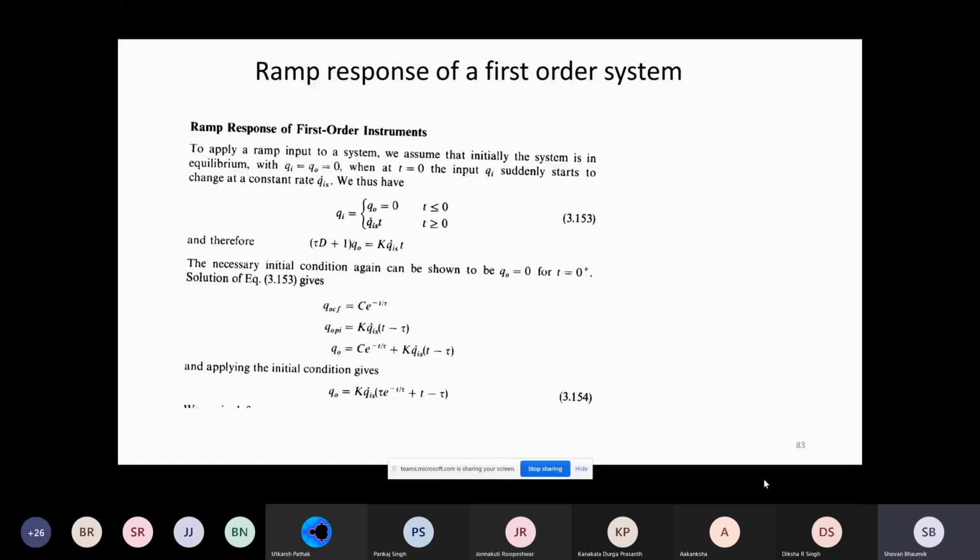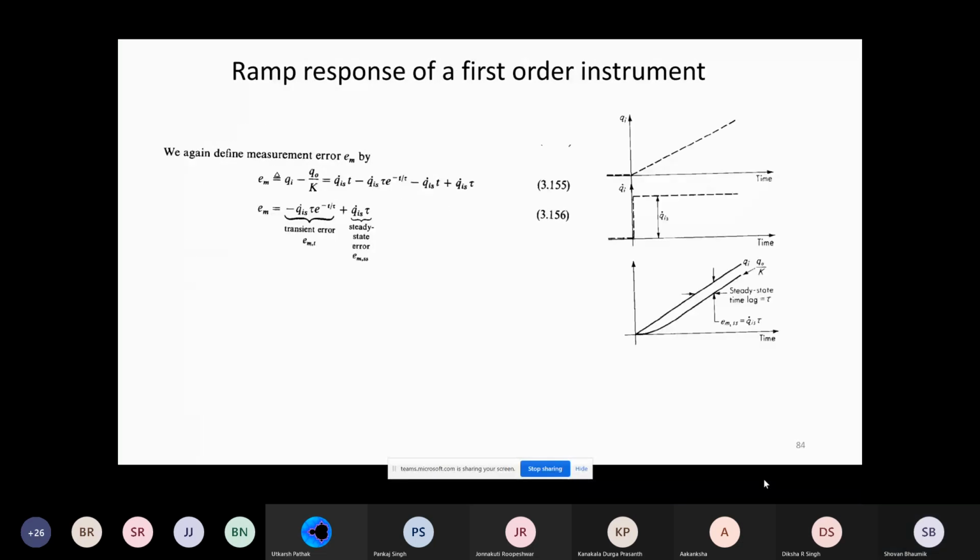So C becomes K Qis dot tau, and putting that value in place of C, you get Qo equals K Qis dot [tau e to the power minus t by tau plus t minus tau]. So equation 3.154 will be the output equation. It is very easy to derive. Hopefully all of you understand. If not, you can ask me.